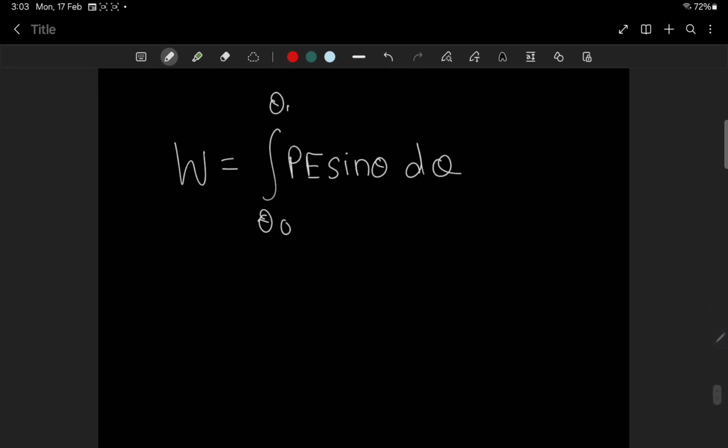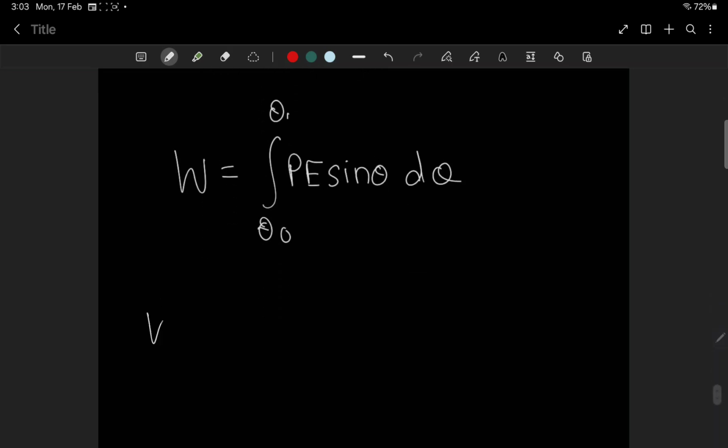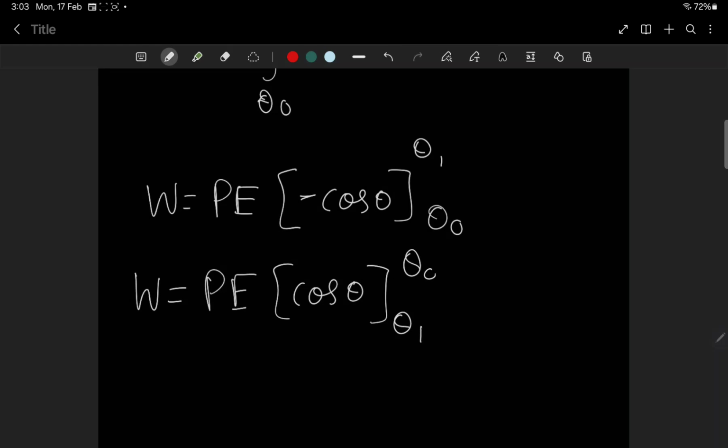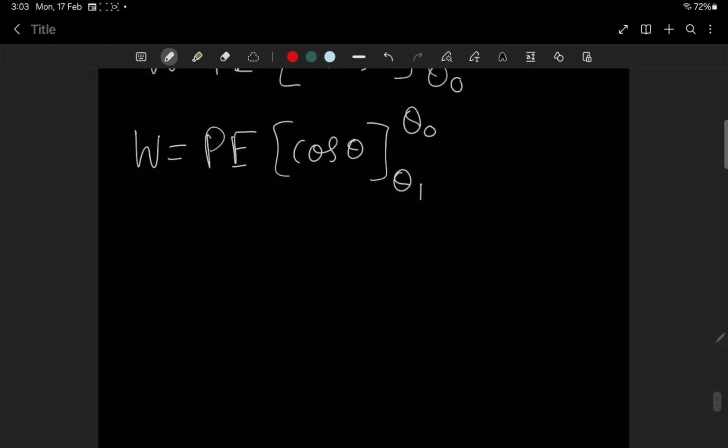Take P and E outside. The integral of sin theta is minus cos theta from theta 0 to theta 1. To get rid of the sign, just reverse the limits. Theta 0 is initial, theta 1 is final.